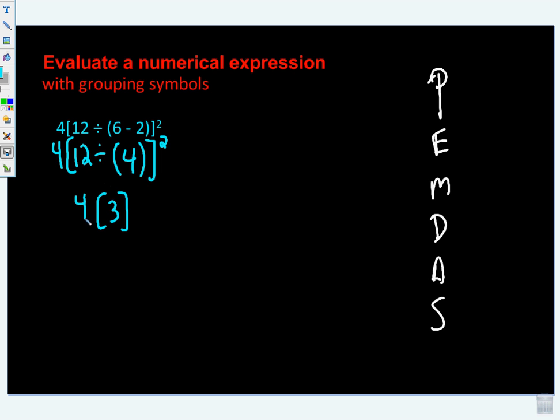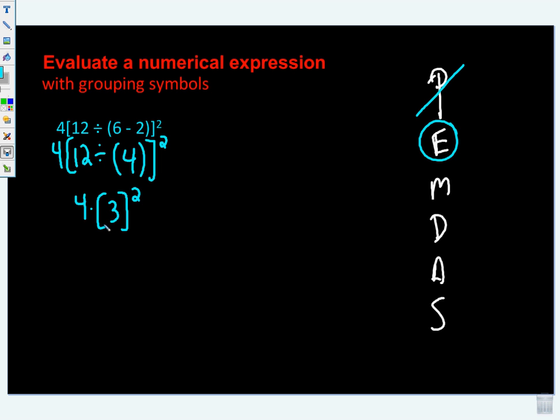And again, don't forget that the number right outside the parentheses, the 4 right here, is only indicating multiplication. So if I have 4 times 3 to the second power, I want to evaluate exponents first. Now I've done everything inside of parentheses, so I will move along to the exponents.